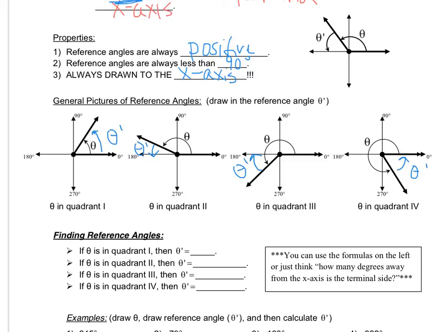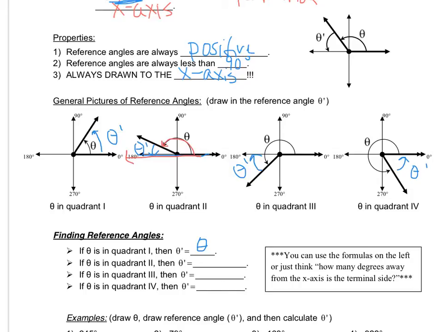So how do we find reference angles? Well, if you're in quadrant 1, as stated in the diagram, the reference angle is whatever theta is. So the reference angle is just theta. Okay. If we're in quadrant 2, quadrant 2 is at 180 degrees, and I want to take away theta.